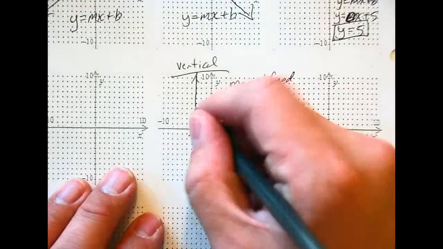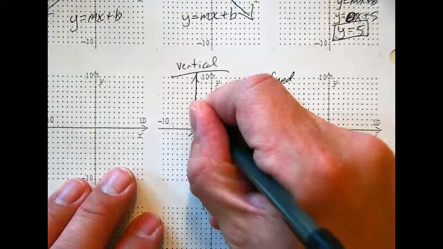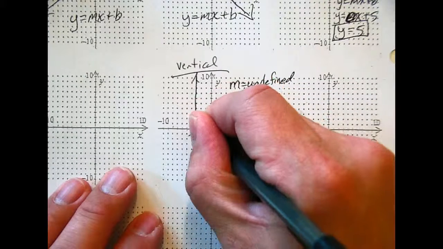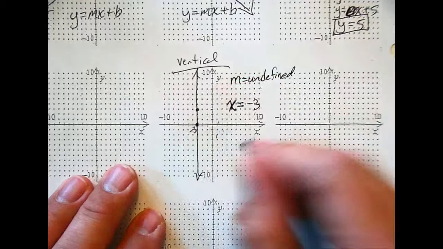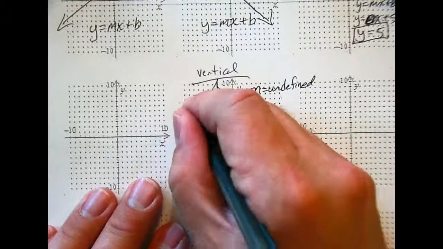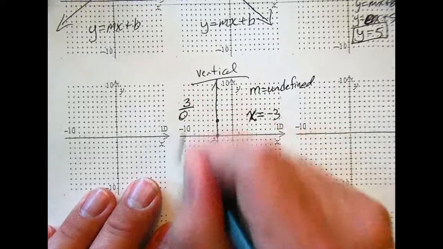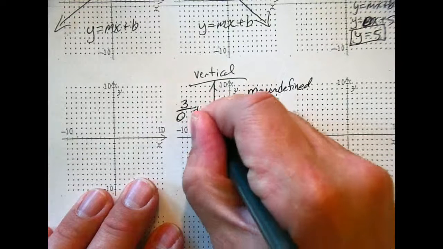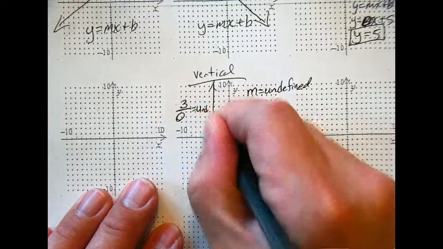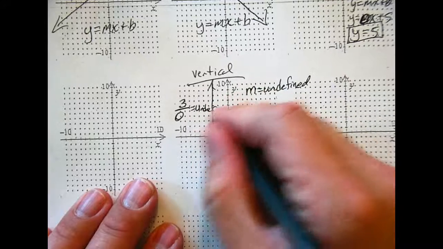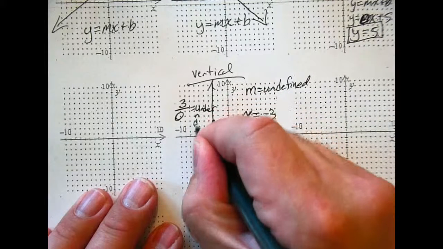In this one, if I want to go from this point to this point, how much do I rise? 3. I rise 3. How much do I run? 0. If 0 is under the fraction bar, it is undefined.